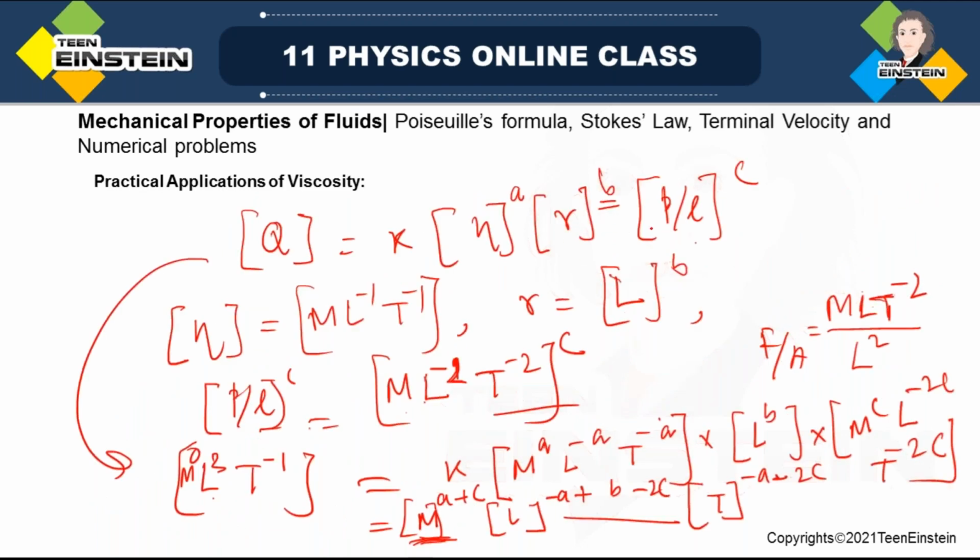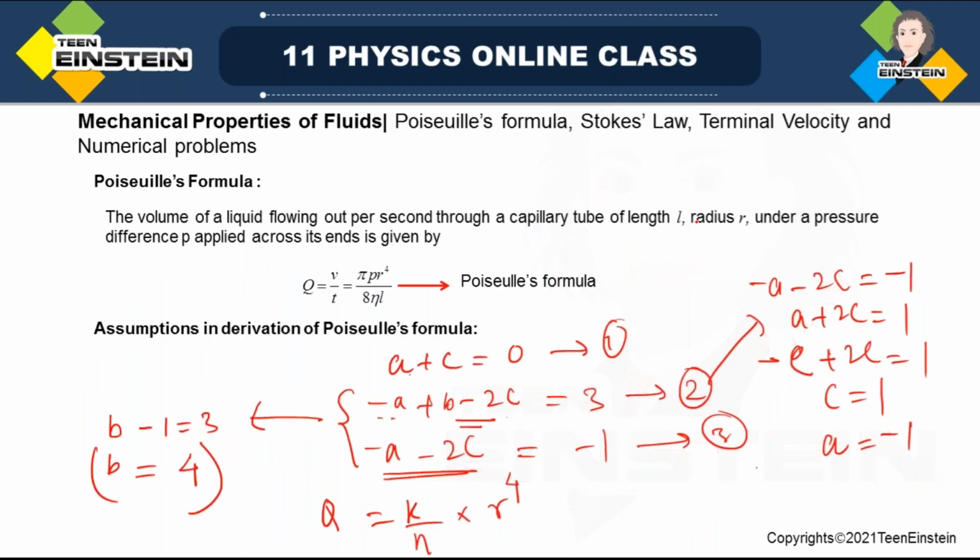We had written here p by L whole to the power c. c is 1. So we can write p by L. So we have got r to the power 4 p by eta into L. So this part is already obtained.